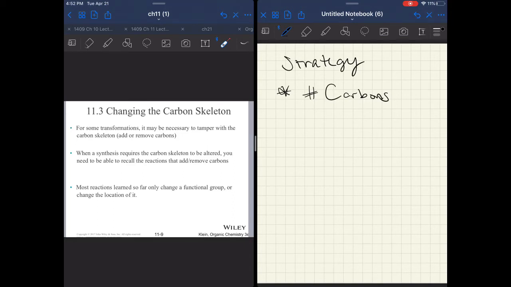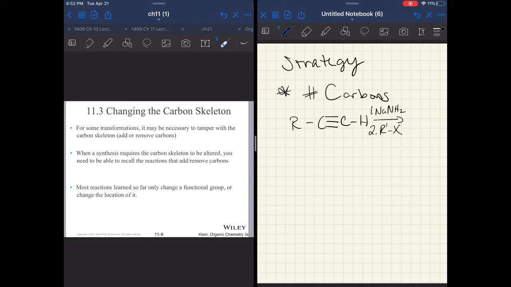And one of the nice things about that is you don't have many options at the moment for extending a carbon chain. So if you are extending a carbon chain up until this point, there are 2 options, right? You could have a terminal alkyne where you remove, number 1, that terminal proton with sodium amide, NaNH2, and then you put in some sort of alkyl halide.